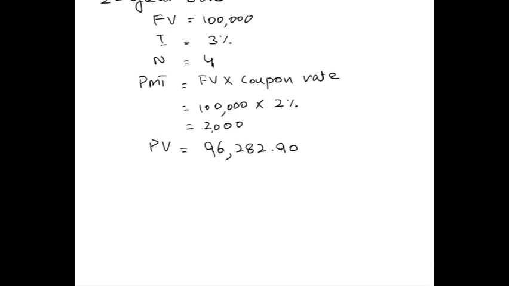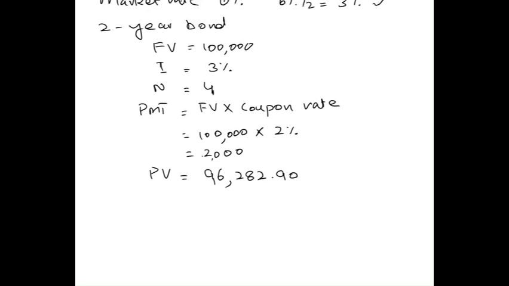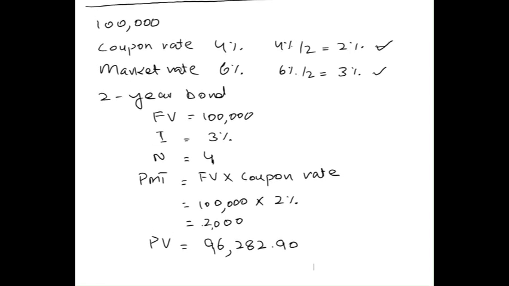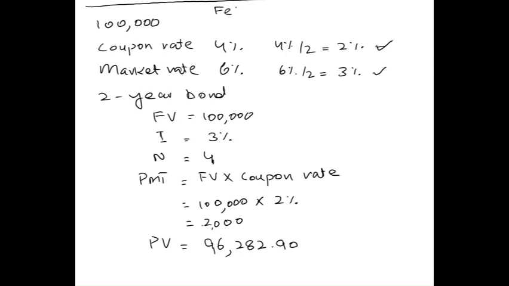Now the next thing we need to do is make an amortization schedule, a bond amortization schedule. One thing we would also assume is that the date of issue is February 1st, 2024.